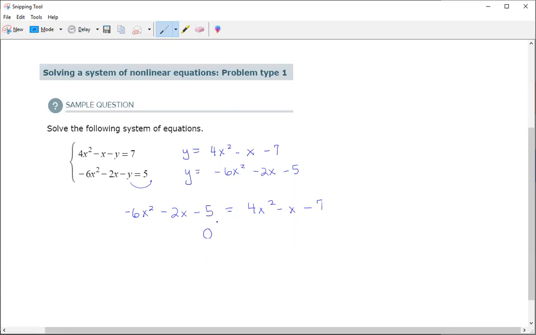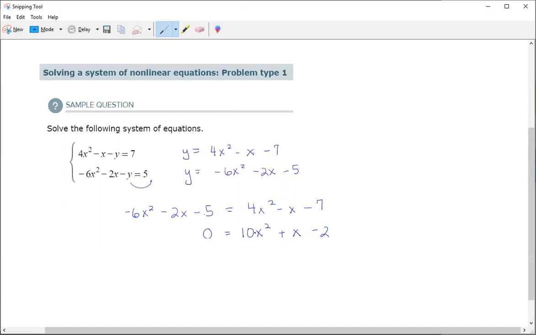I'm going to add 6x to both sides to get 10x squared. Then I'm going to add a positive 2x to both sides to get this to be an x, because I've got plus 2x plus 2x. Now I have plus 5 and plus 5. So I have 10x squared plus x minus 2.